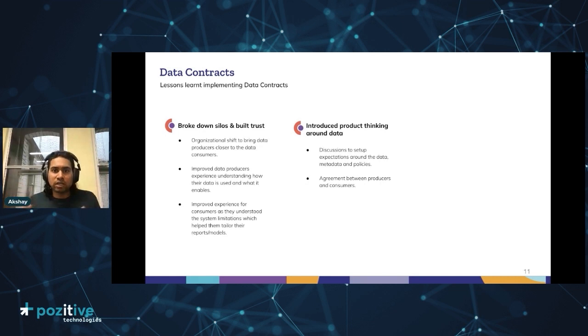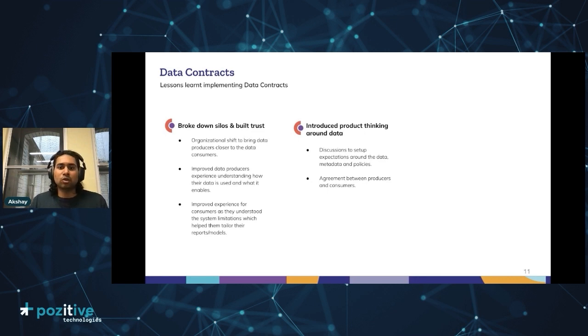So it kind of brought this product-focused mindset to data, where the producers really had to understand their users, their needs, and then had to think about what is the best way to design the solution that they were looking for.